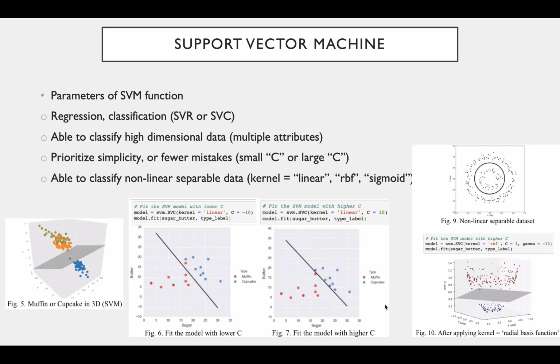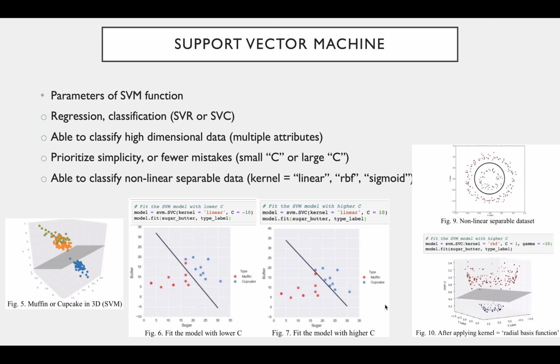So next parameter, C. The C parameter means that we are asking the support vector machine function to prioritize simplicity or to prioritize making fewer mistakes, like in figure 6 shown.